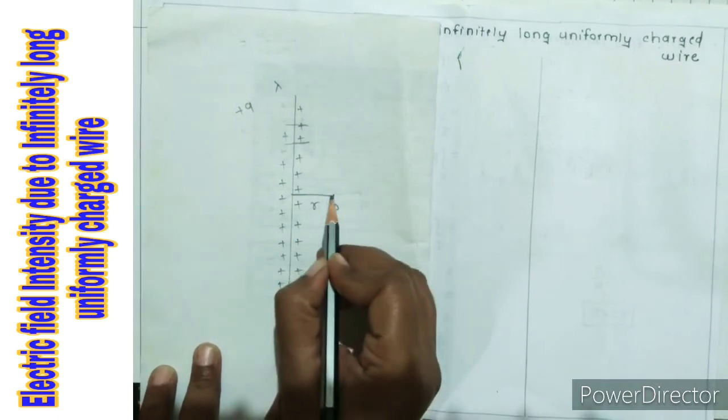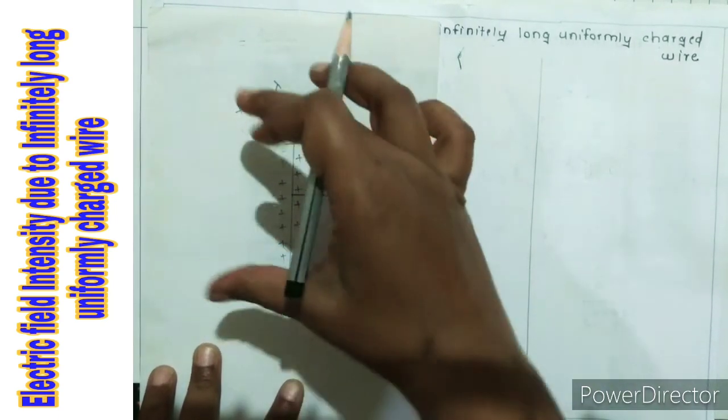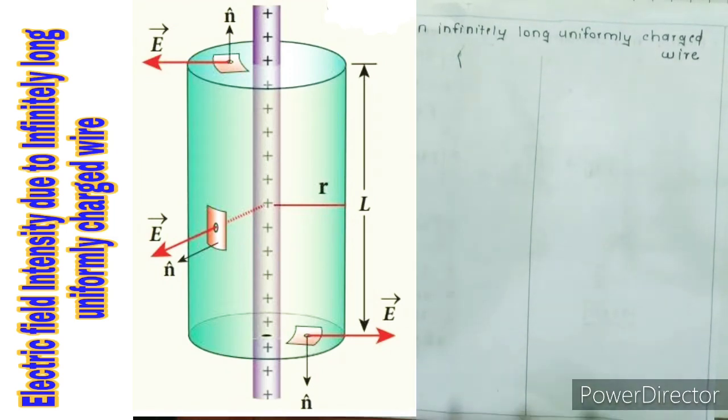Here r is the radius of that cylinder, and we consider a small length of this infinitely long wire, that is L. So I will draw like this. Our figure becomes like this. This is the radius r and this is the length L.